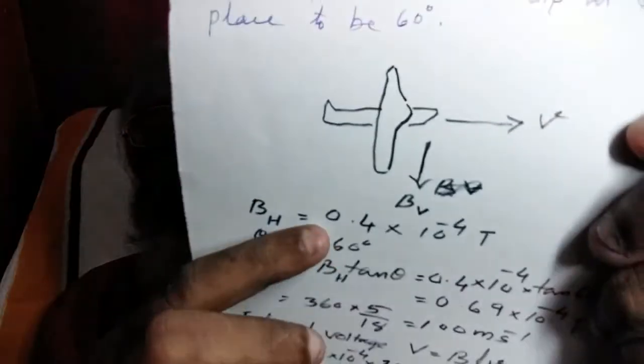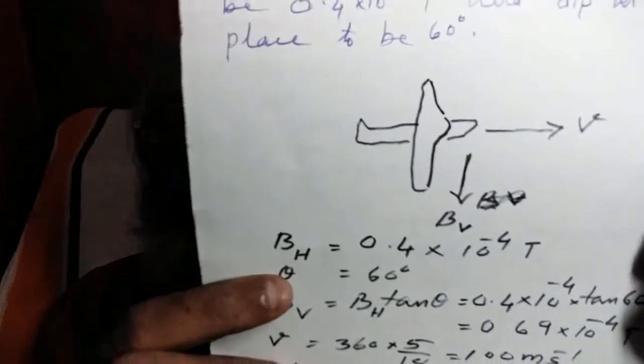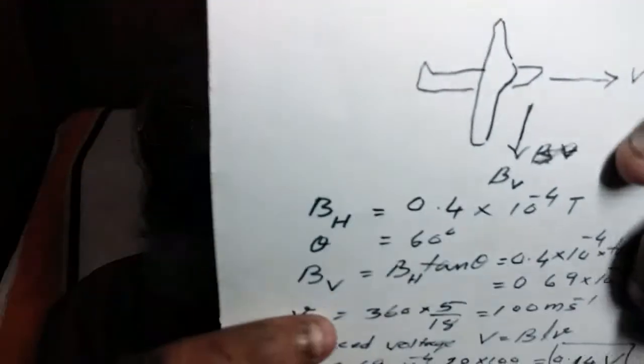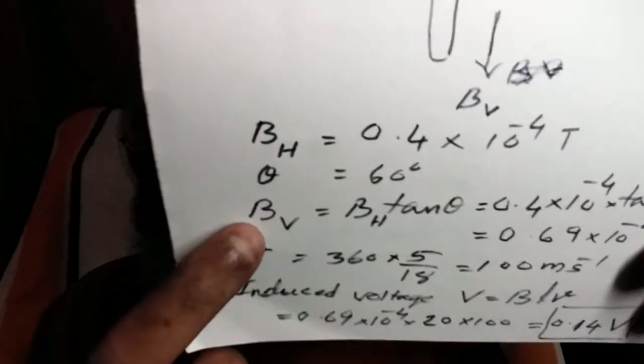Here BH is given to be 0.4 into 10 raised to minus 4 Tesla. Dip is given, theta is 60 degree. I have taken this earlier, in terrestrial magnetism. There is a relation to find BV, the vertical component.